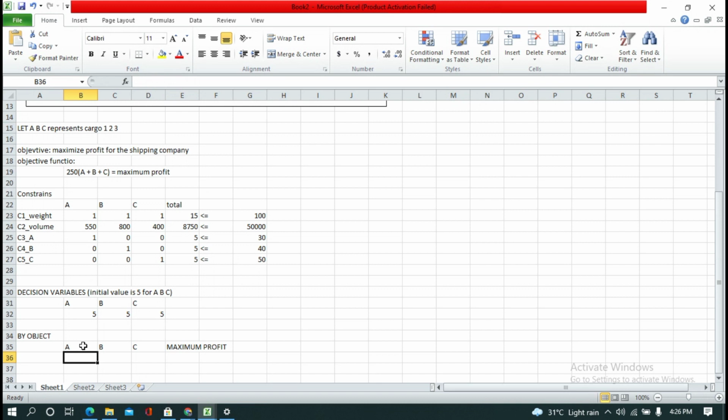So we need to multiply each cargo by 250, and 250. So by the objective function, or the equation for our objective, we have 250 times the cargo.